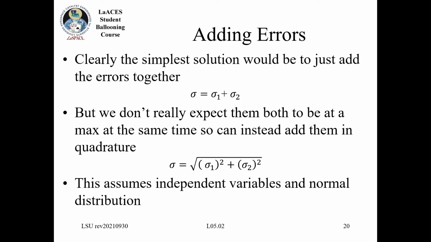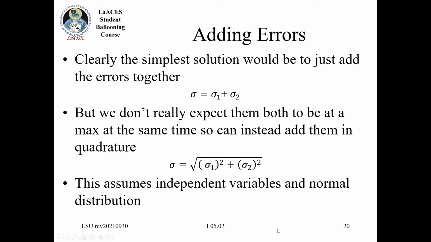It doesn't have to just be random and systematic. This could in fact be error from one part of the measurement and error from a second part of the measurement. But in general, we don't expect these errors to be at their maximum values at the same time.